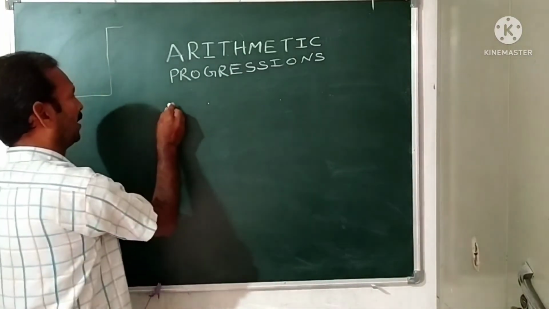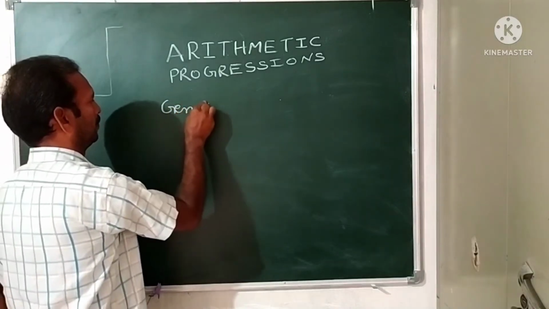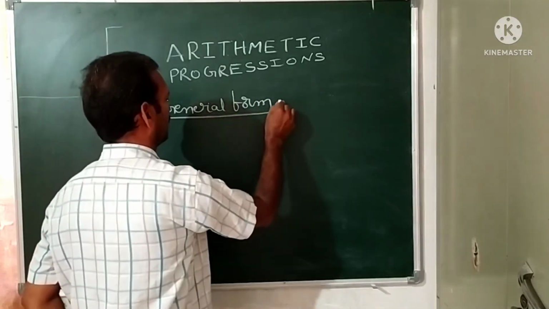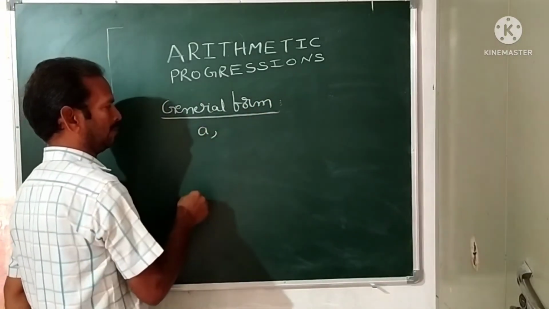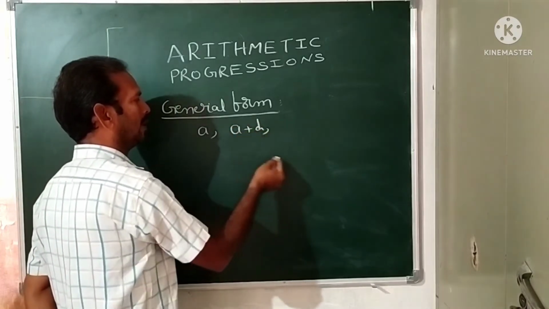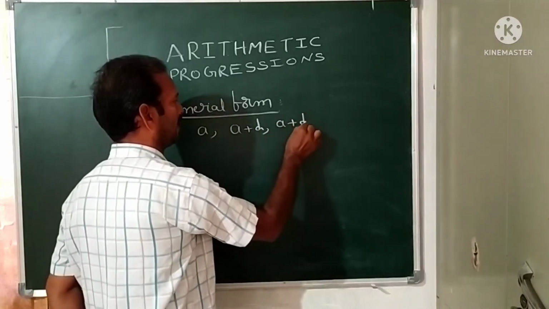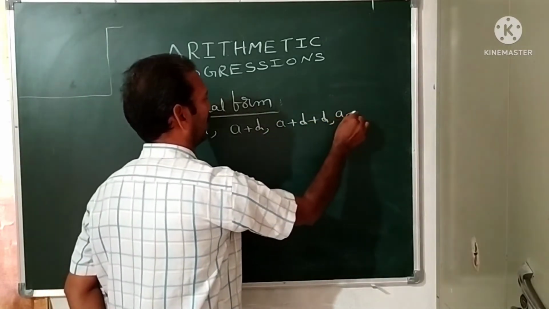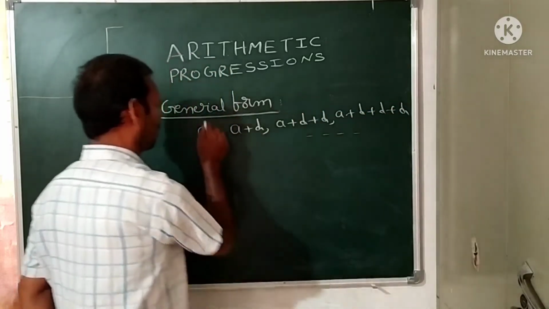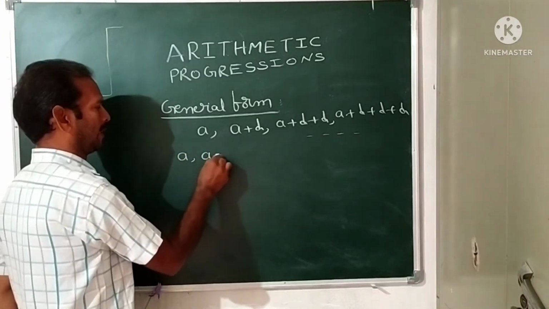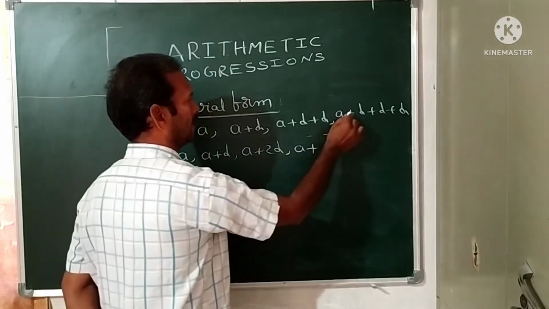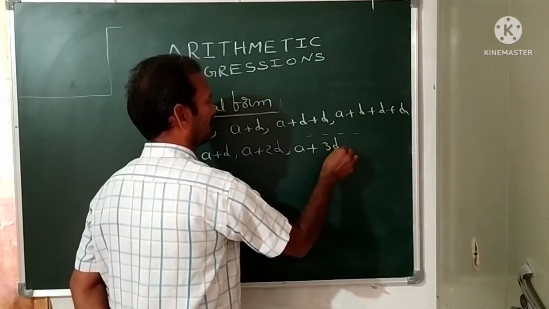See, the general form. The first number is a, and I am adding the common difference d. Again add: a plus d plus d. Again add: a plus d plus d plus d, and so on. In simplest form, it is a, a plus d, a plus 2d, a plus 3d, and so on.